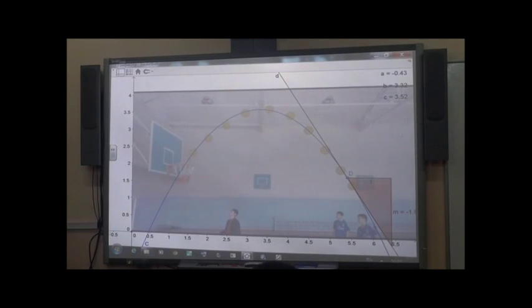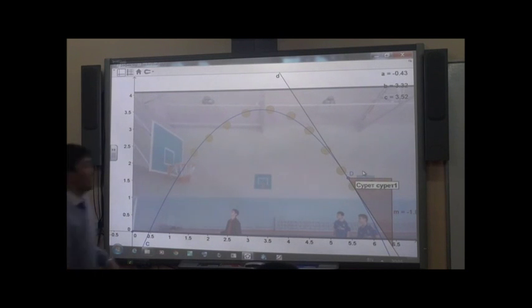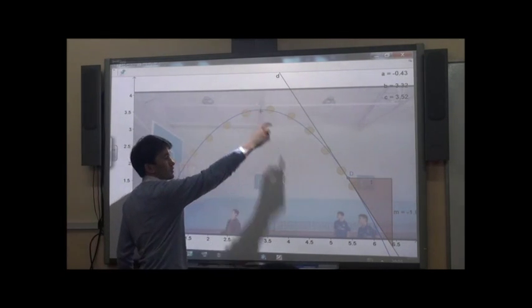Yes. The ball also reaches the maximum point when the vertical velocity is equal to 0.